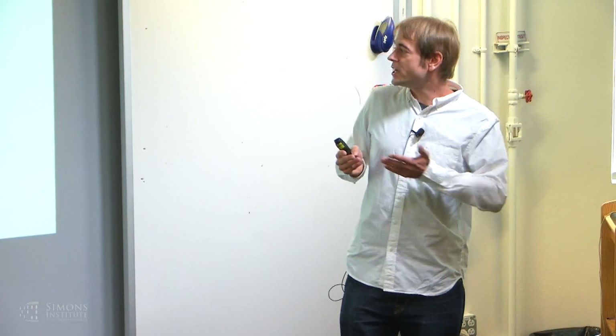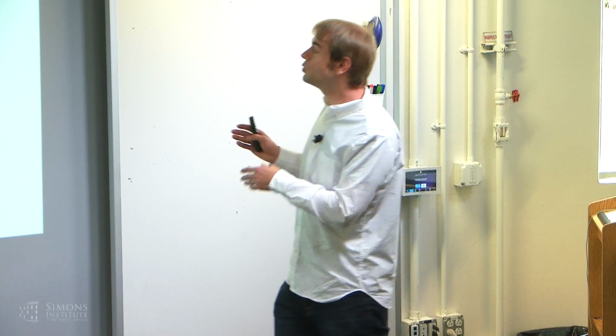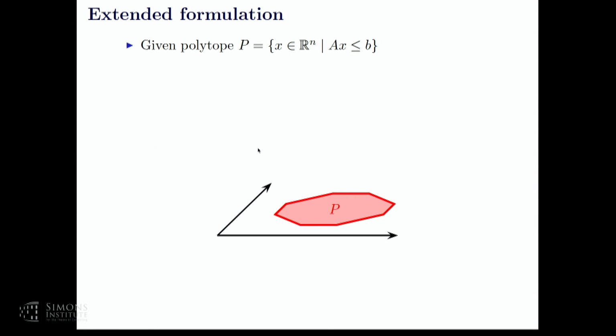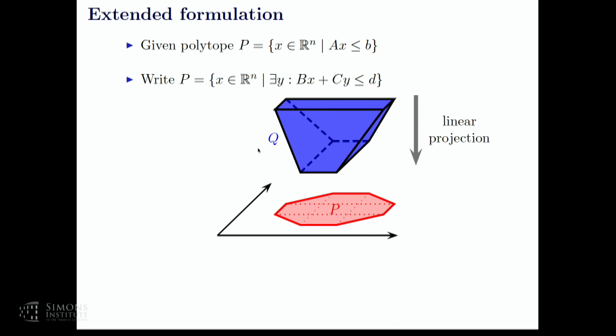In combinatorial optimization, what we love to do is look at polytopes, and usually they're given in some inequality description. There's a different way how you can represent polytopes. You can imagine that you're adding some extra variables, and now you're looking at inequalities in a higher dimensional space that also contain these extra variables.